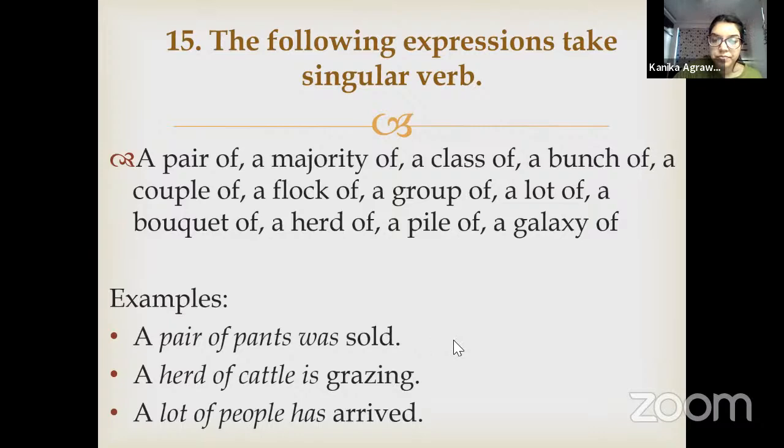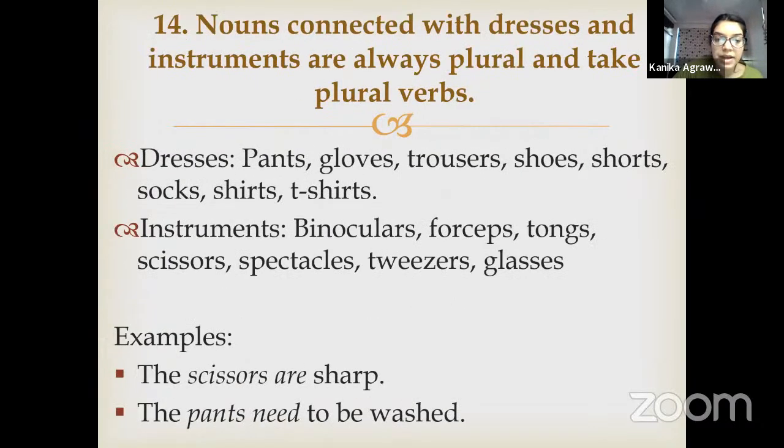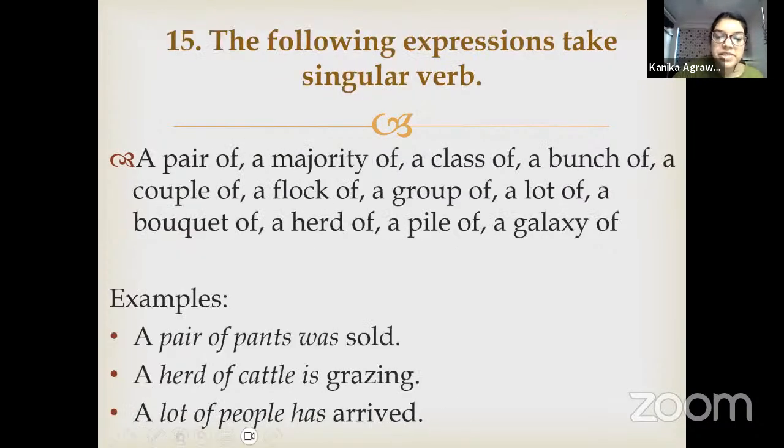These are the singular verb. Basically, whenever you have s at the end, that is singular verb. Okay, and apart from s, that is plural verb. Have is plural. Has is singular.